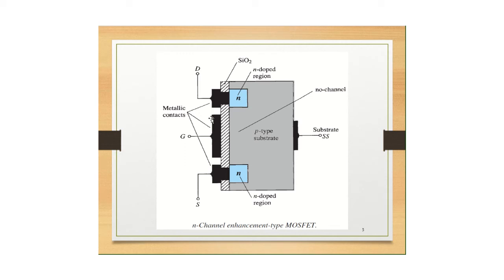This gate terminal is one plate of the capacitor, the substrate terminal is another plate, and this silicon dioxide acts as a dielectric material between the two parallel capacitor plates. Say we connect the gate terminal to higher potential and the substrate terminal to lower potential. After applying a voltage, positive charges will accumulate over the gate plate and negative charges will accumulate over the substrate plate.